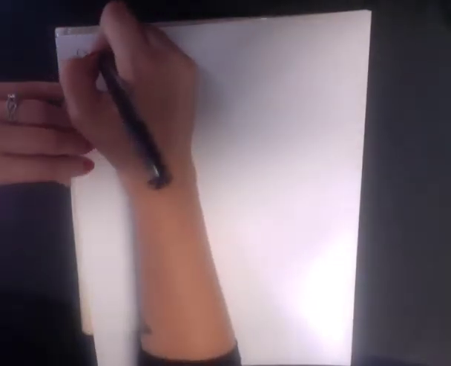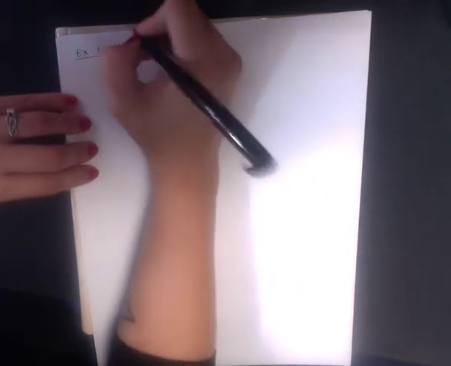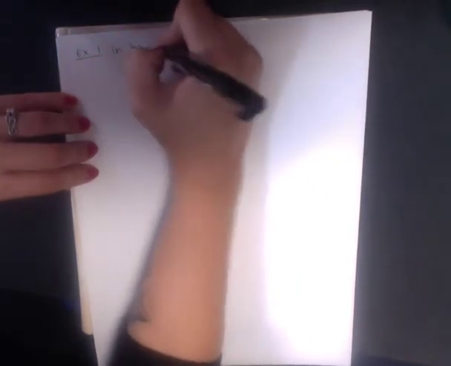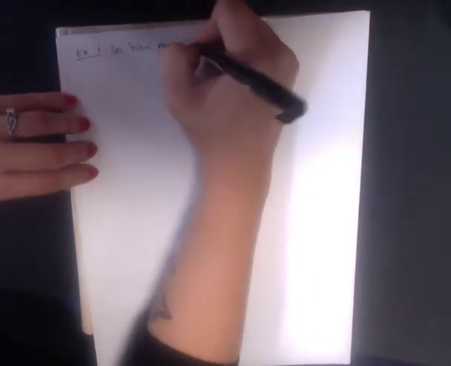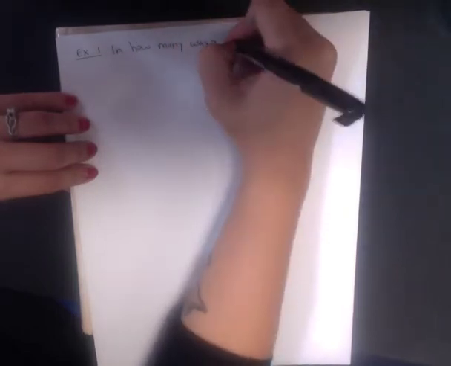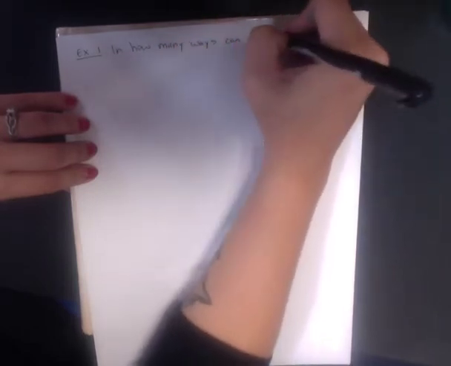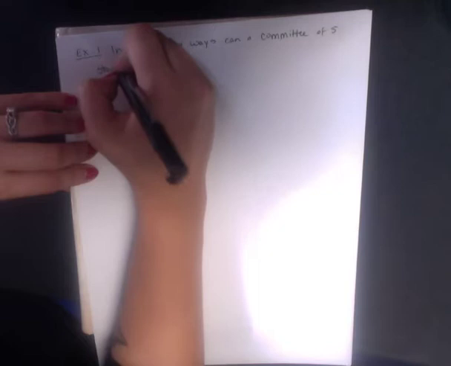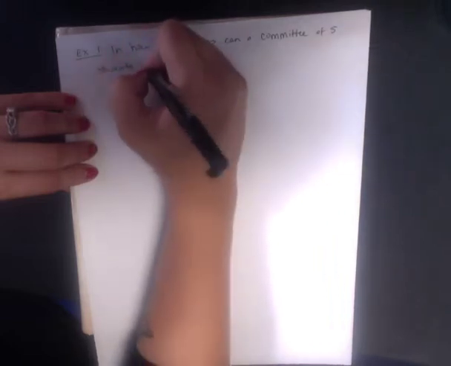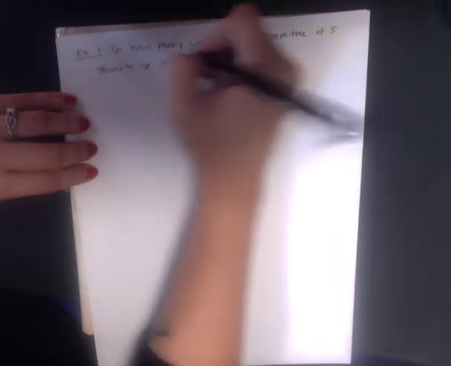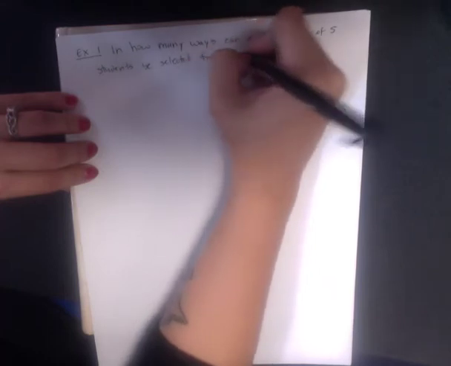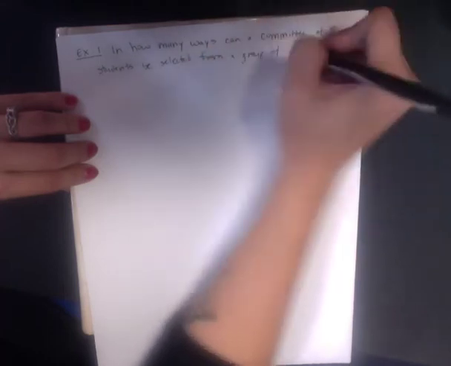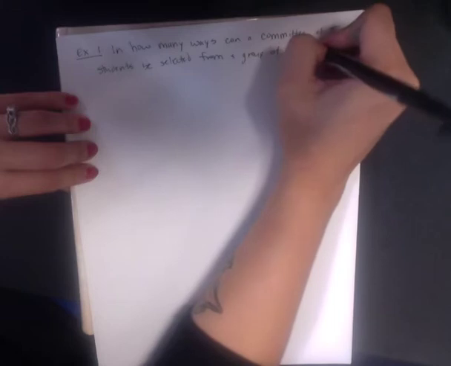Example 1. In how many ways can a committee of 5 students be selected from a group of 12 students?